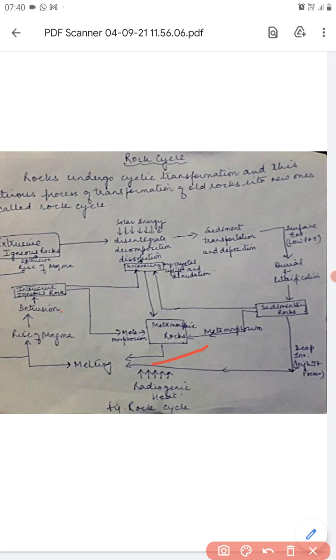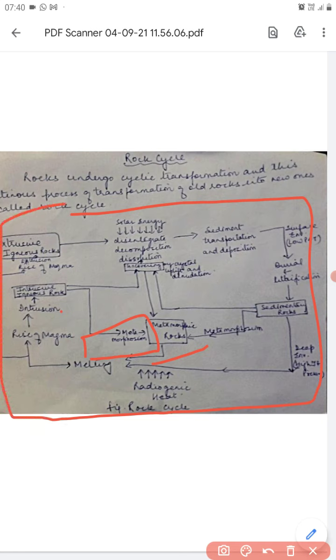The intrusive rocks also undergo the process of metamorphism to give the metamorphic rocks. So this is the total cycle through which the primary rocks and the secondary rocks give rise to the formation of the metamorphic rocks.